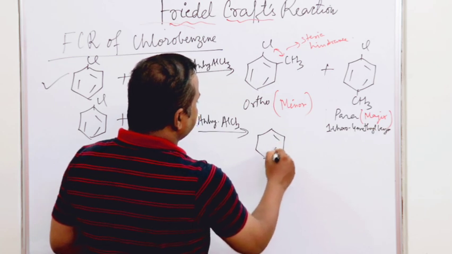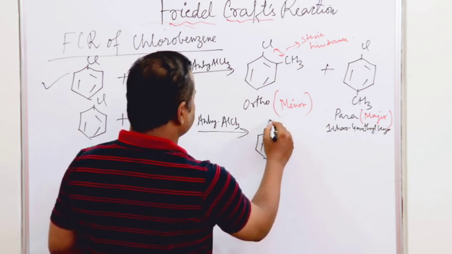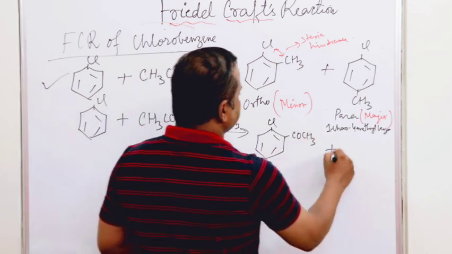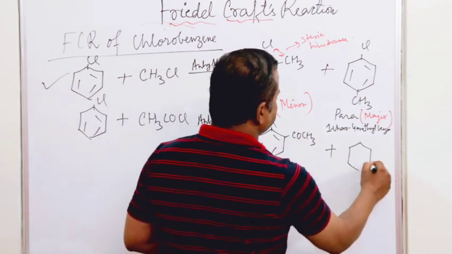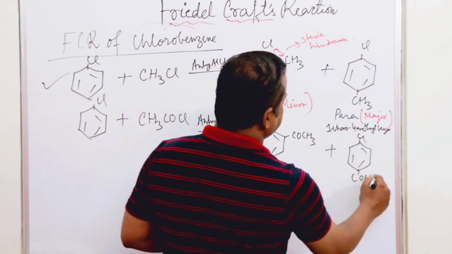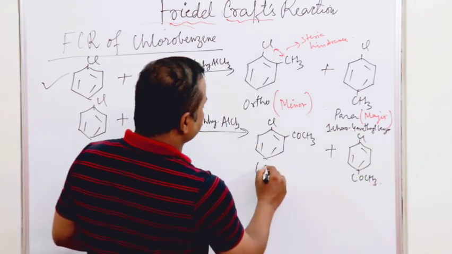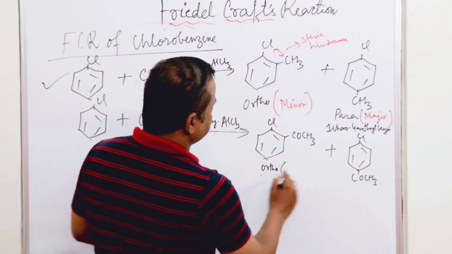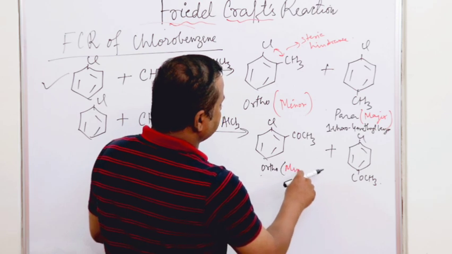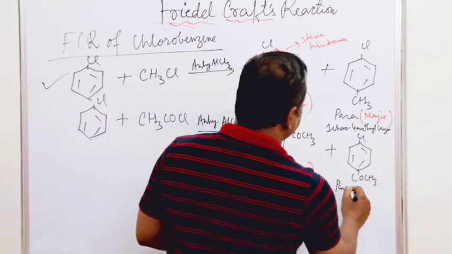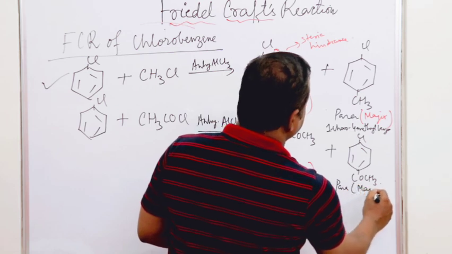So again we will get a mixture of two products, COCH3 plus COCH3. Again this is the ortho product, that's why it is minor, and this being para is the major product.